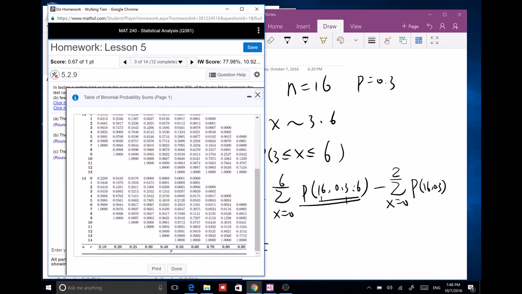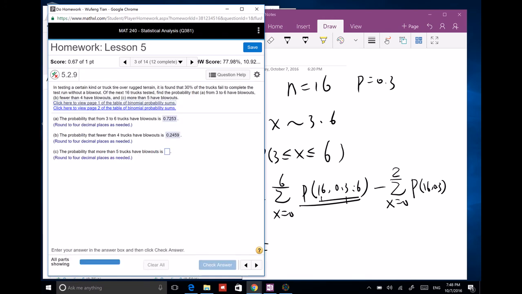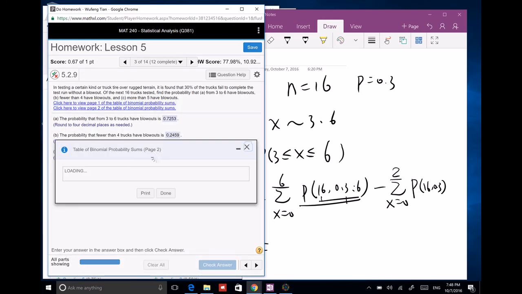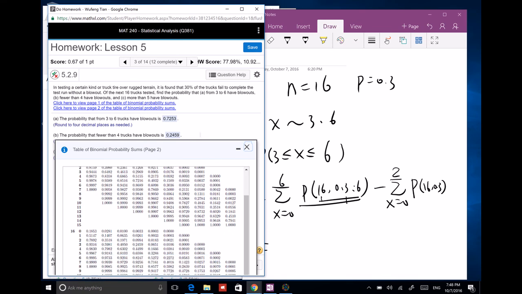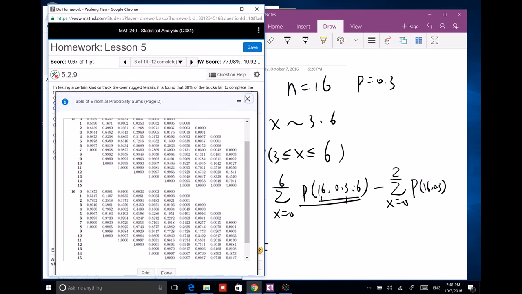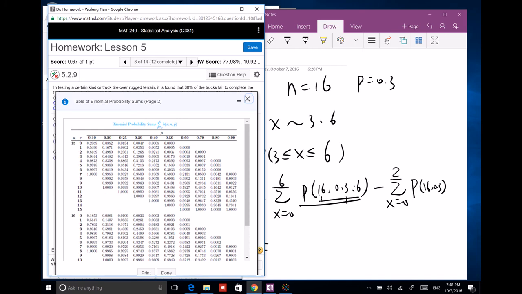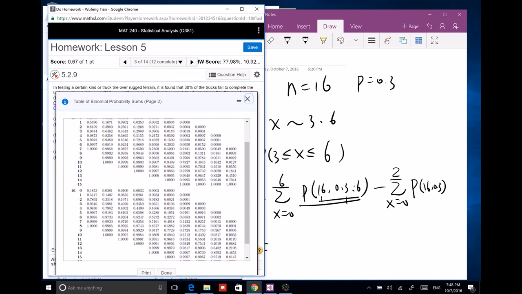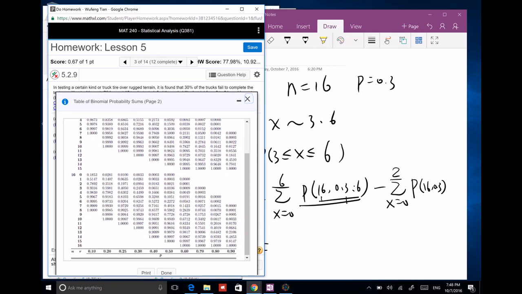This is 14, we need 16, so it's page 2. Okay, so page 2 and n equals 16. N equals 16 right here. And also check p equals 0.3. This is 0.3.